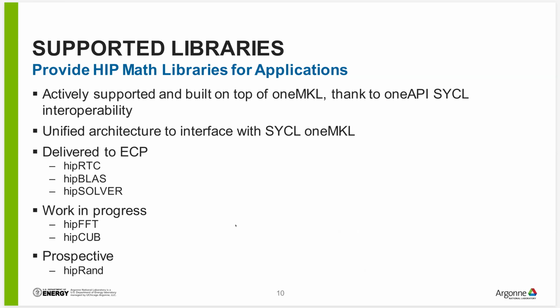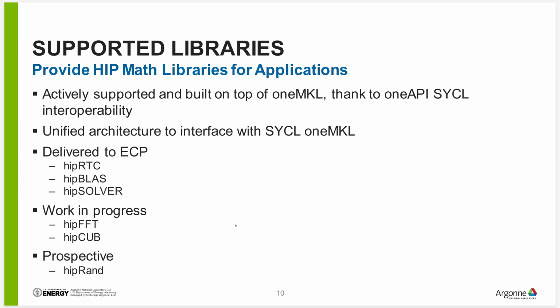All right, what do we support in terms of libraries that you can use in your project? So the idea is to provide the HIP math libraries that applications require. Of course, we have very limited resources, so we focused on the most impactful ones. But what is important is the ones we support or actively support.